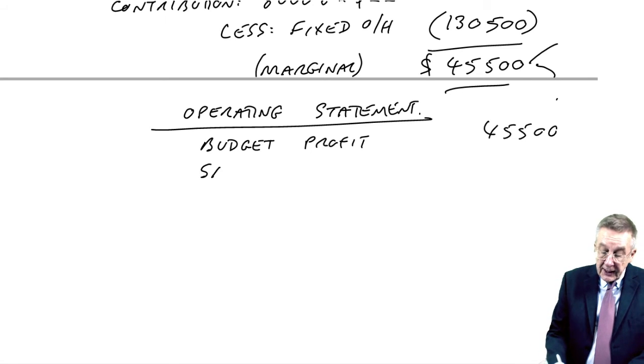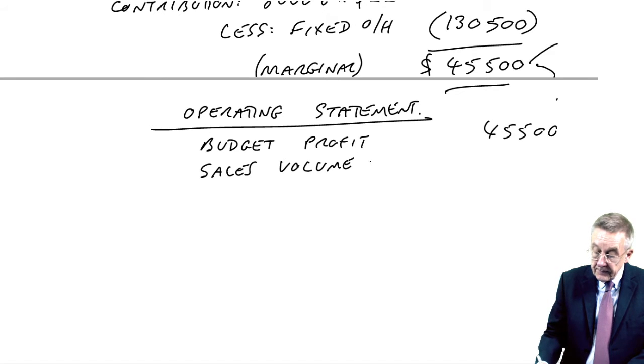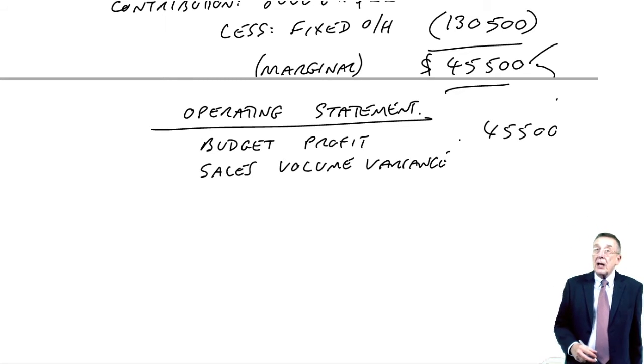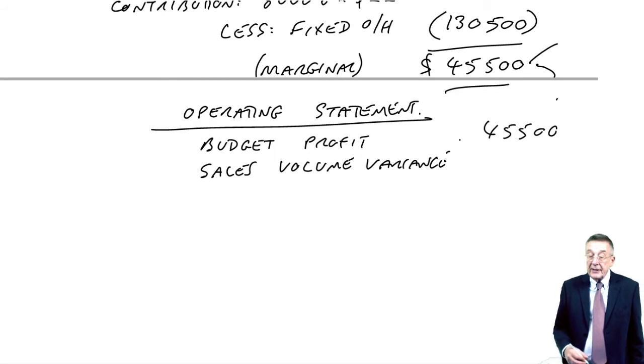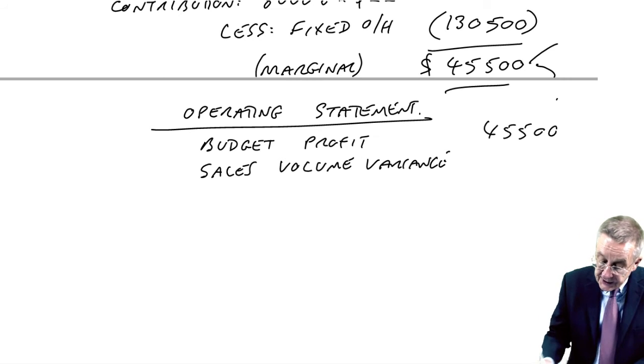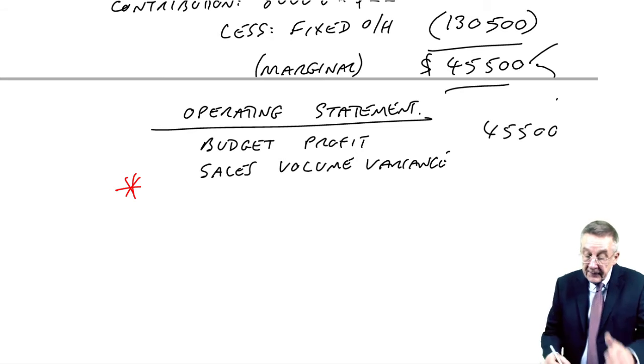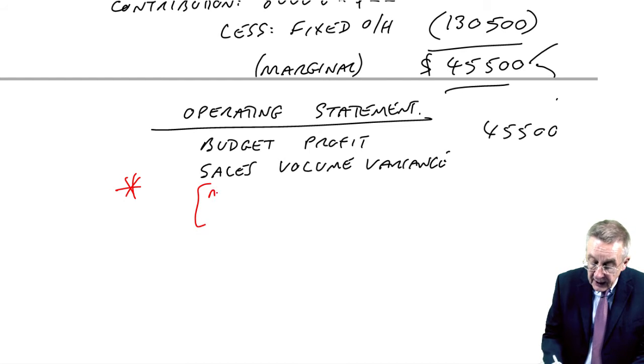Well, as before, the first thing is the sales volume variance. Sell more units, clearly you expect more profit. However, this is the first of the two things that change. Just as before, we compare the actual sales with the budget sales.